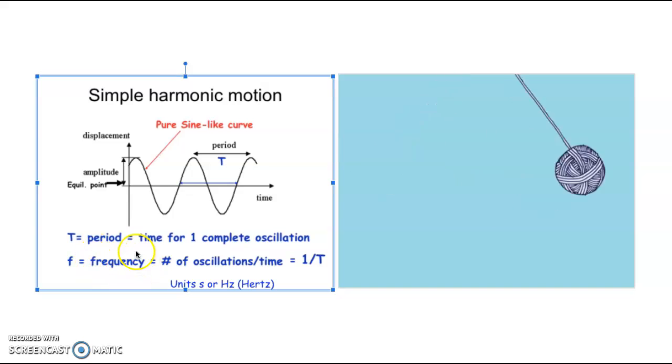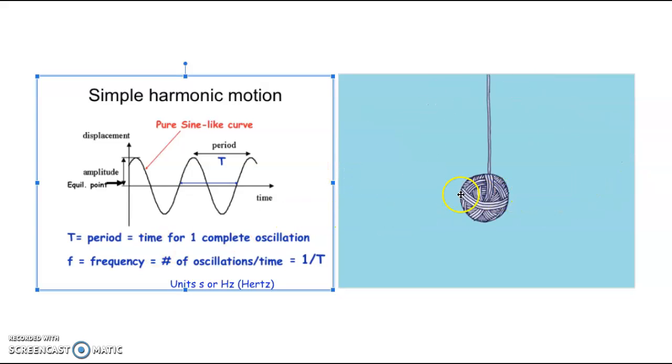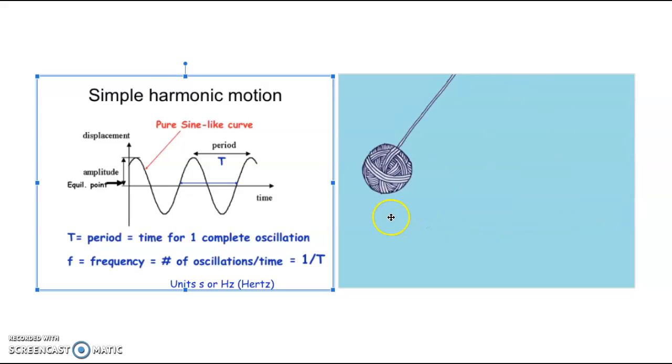And that would be your period. Now, frequency is a way of defining the oscillations. It's the number of waves or oscillations, it's the number of swings, in this case in a pendulum, or vibrations in a spring, but it would be the number of oscillations per second, per unit time.